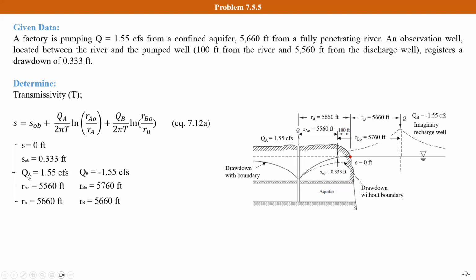We already know the flow rates at well A and well B, the distance to the observation well, and the distance from the point that we are interested in to well A and well B. After we bring these values back into the equation, we can get the transmissivity. It equals 0.0262 square feet per second.